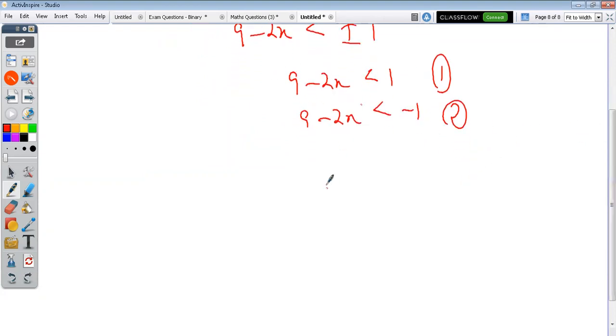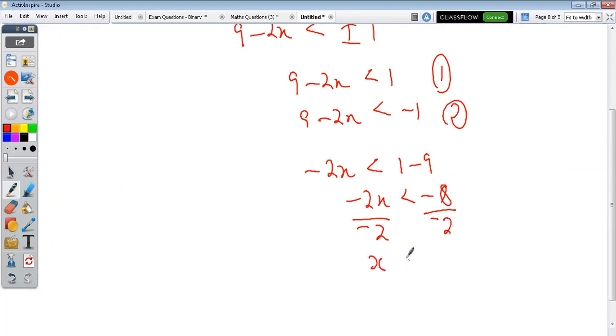So if we solve the first one, minus 2x is less than 1 minus 9. Clear? Minus 2x is less than negative what? Negative 8. When we divide by a negative in an inequality, the inequality changes what? Changes sign, changes direction. So this now becomes greater than 4. So then let's deal with the second one. 9 minus 2x is less than negative 1.